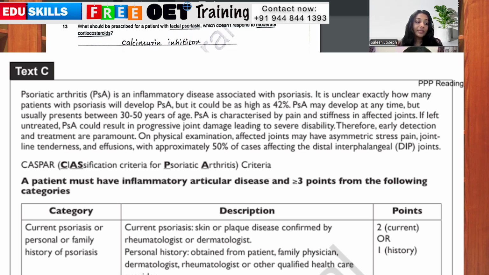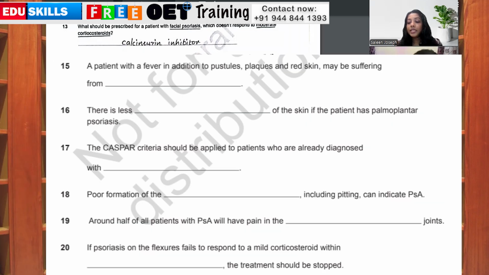Affected joints may have asymmetric stress, pain, joint line tenderness, and effusions in approximately 50% of cases. In the question statement, they have mentioned half of all patients. All means it's 100, half of all means it's 50%. So your answer is distal interphalangeal.